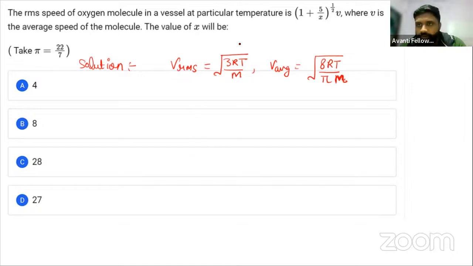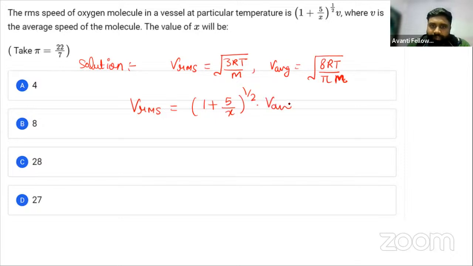Meanwhile, you will solve it and let me know the answer. Okay. So it is given that the VRMS here is equal to (1 plus 5 by x) raised to the power half into V average. This V is nothing but the V average. Okay, option C here you are saying? Option C. Okay. So let's see.